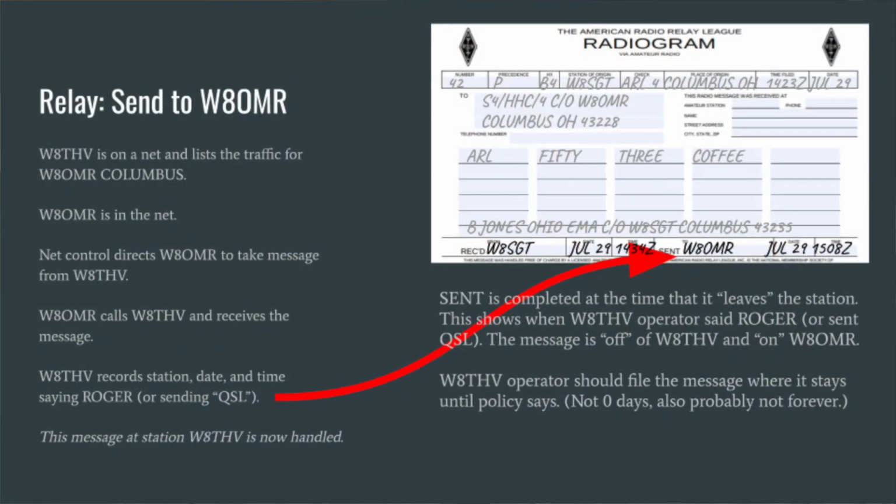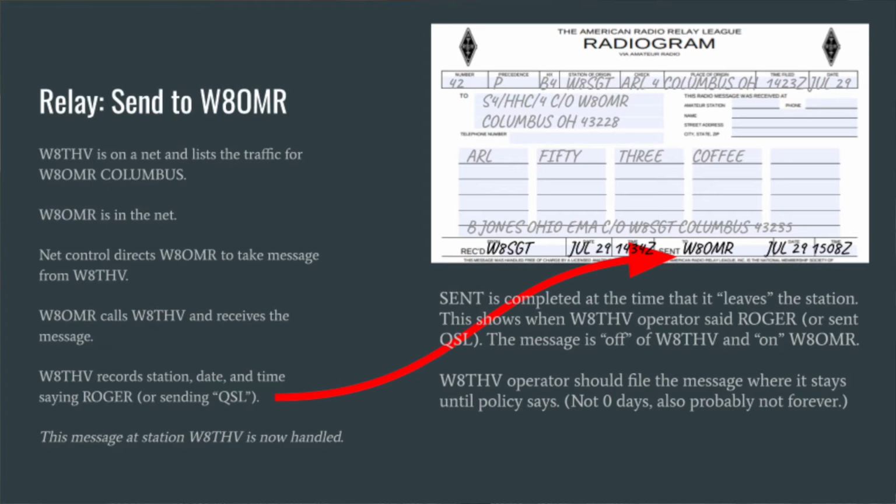Because W8THV is holding this message, and it is a message that is going to another station, W8THV is going to send this just the way that W8SGT did in the first place. So we have W8THV entering a net. That net also has W8OMR, and net control will now direct W8OMR to call W8THV to receive that message.